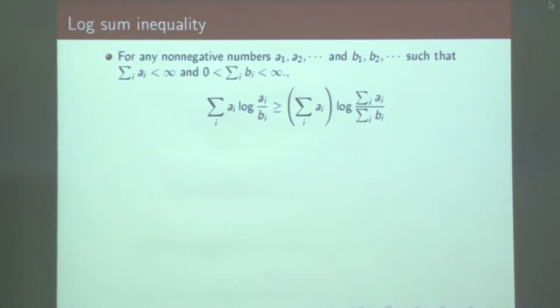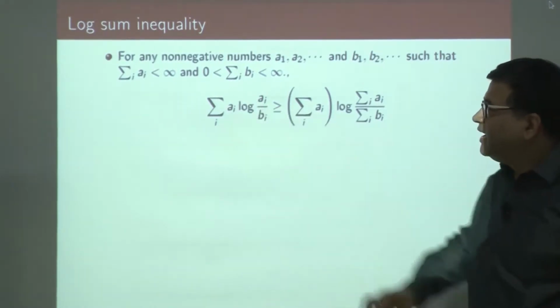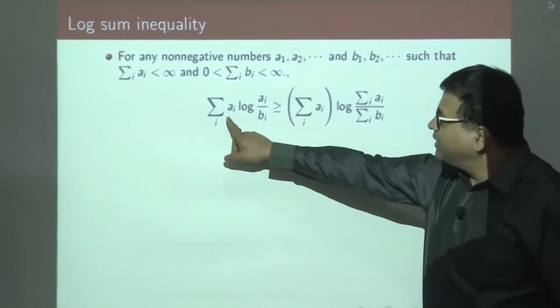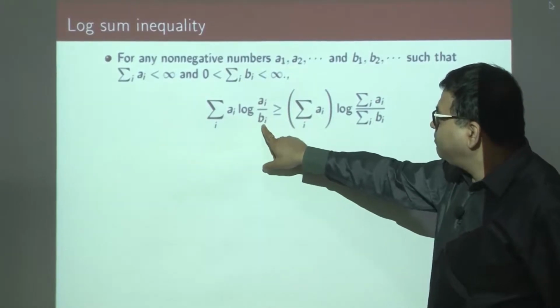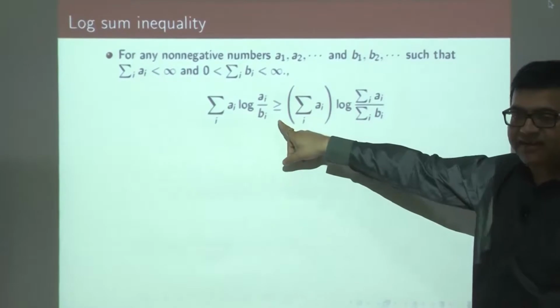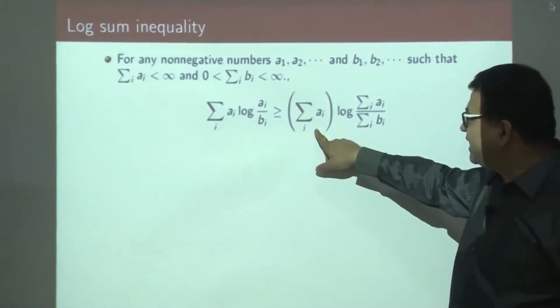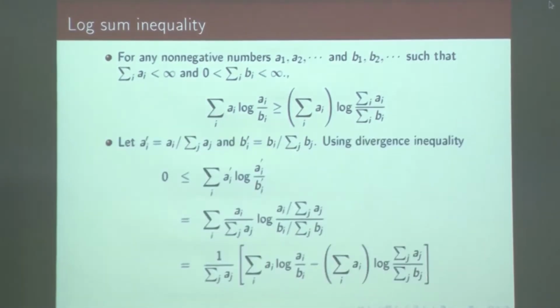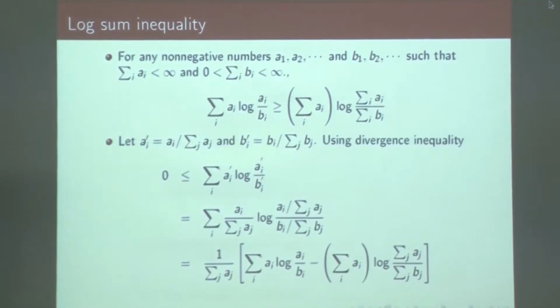For any non-negative numbers a1, a2, a3, ..., an and b1, b2, b3, ..., bn, such that the summation of ai and the summation of bi are bounded, then the summation over all i of ai log ai by bi is greater than or equal to the summation of ai times log of the summation of ai by the summation of bi. So let us prove this result.